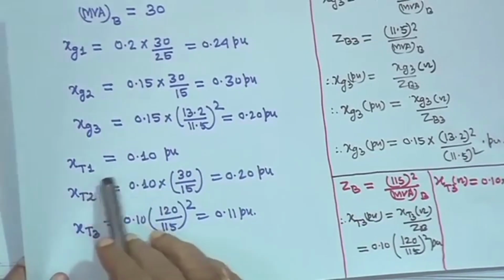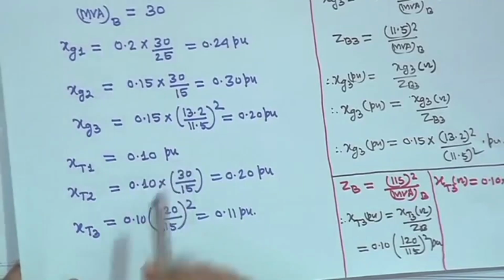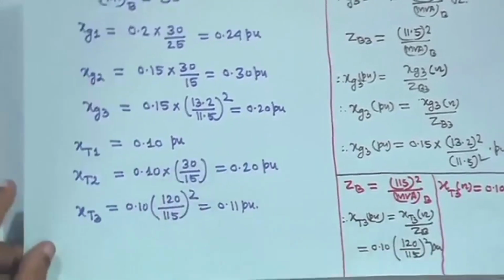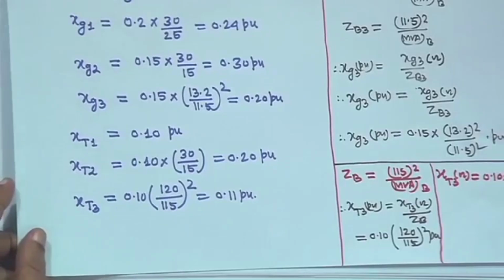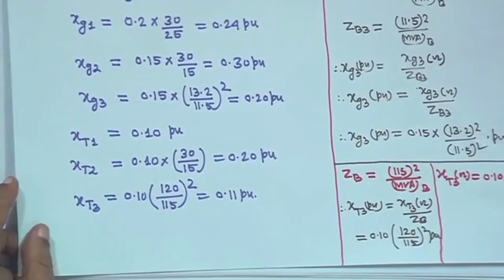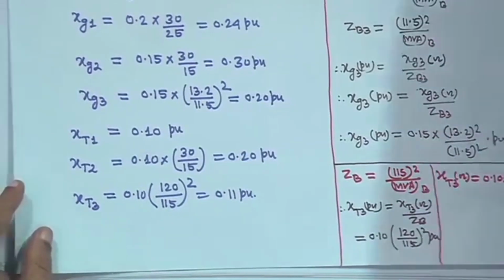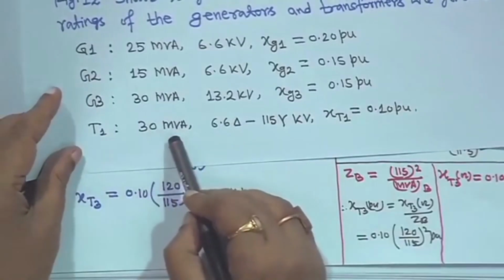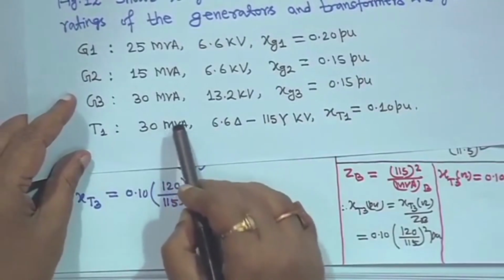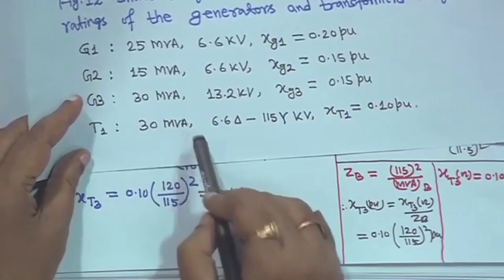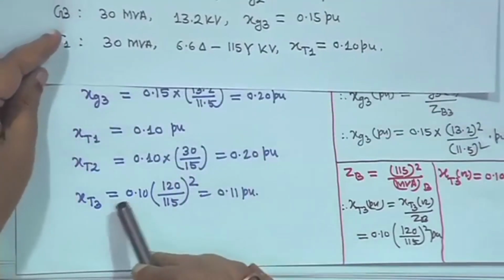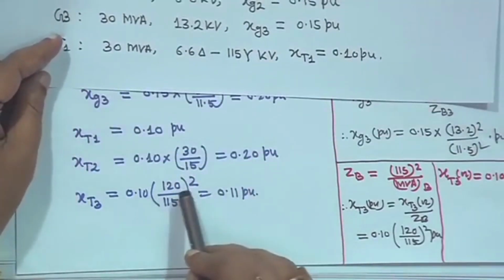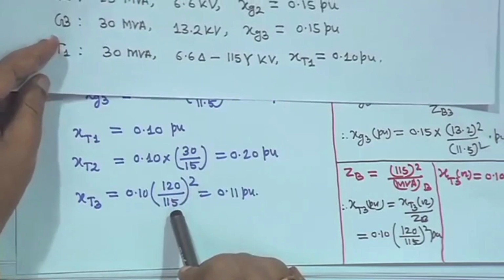For transformer 1, Xt1 is 0.10 per unit, I will show you the data. Similarly for the transformer, the base MVA is 30 and the transformer rating is also 30. So, base MVA will not affect, but we have to see the voltage level.